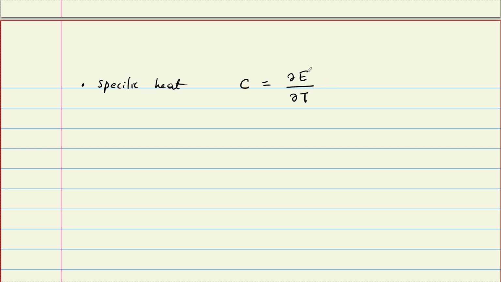If you pump some energy into your system, how much energy you pump divided by how much temperature changes. That's the specific heat. Change in E per change in T. Basically, how much you can heat your system.